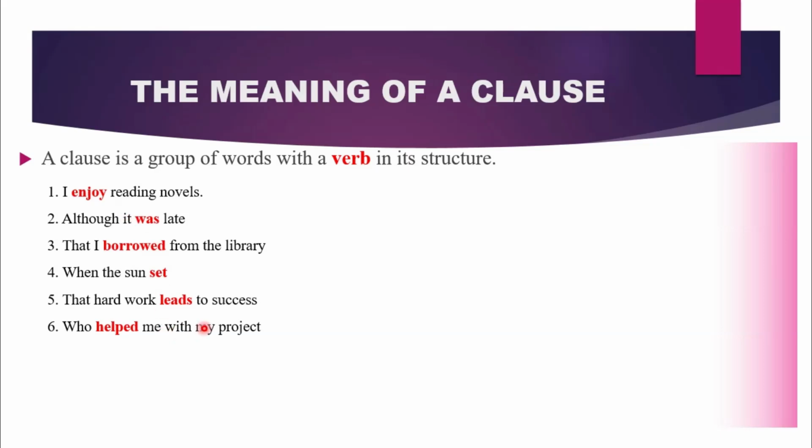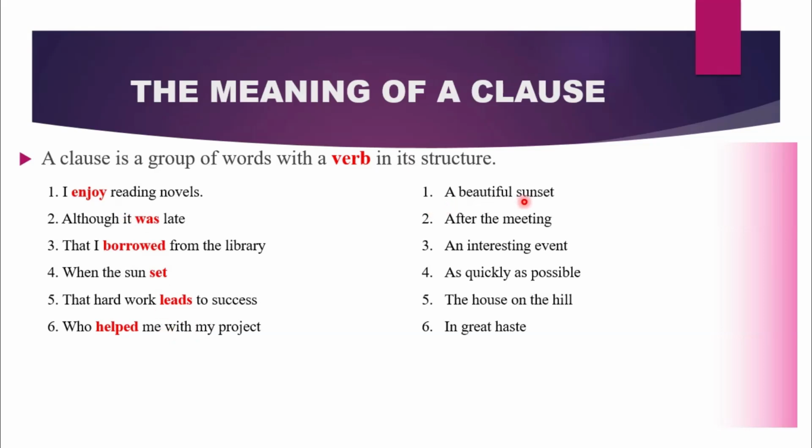However, look at these sentences. A beautiful sunset. Do you have a verb? No. This is not a clause. It has no verb in it. After the meeting, is this a clause? No, it contains no verb. An interesting event, is this a clause? No. As quickly as possible, can you spot a verb?